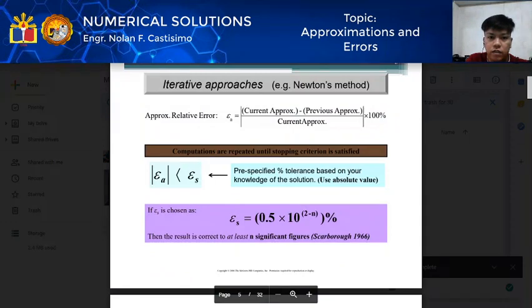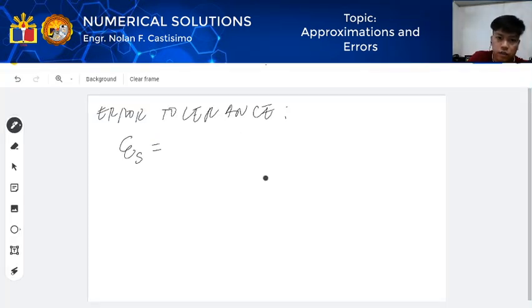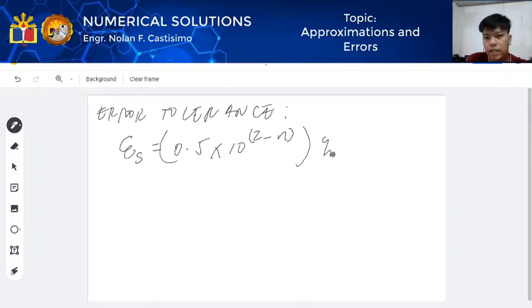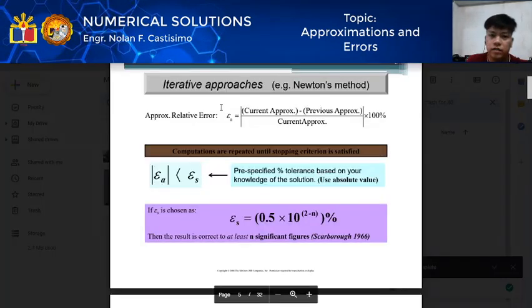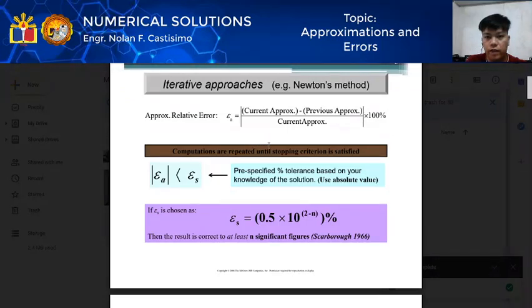Ayan. 0.5 times 10 raised to 2 minus n. So, yan. Percent. Okay? So, yan. Formula.